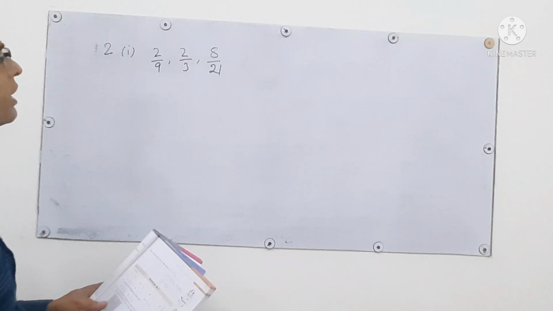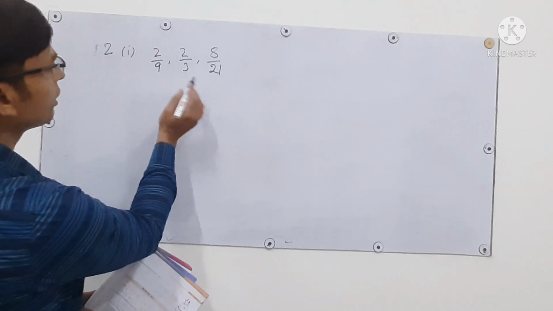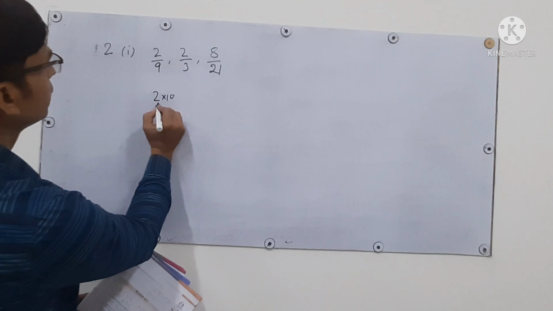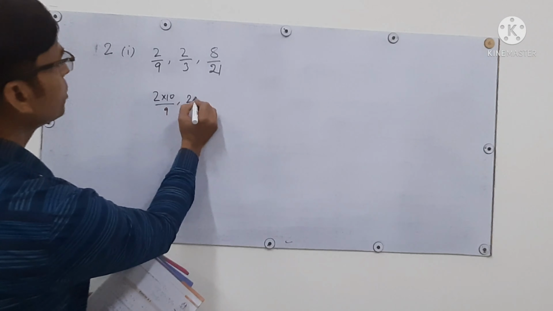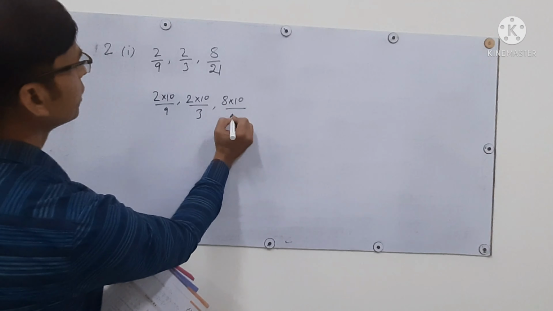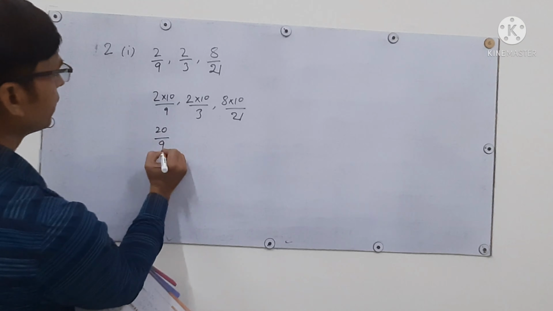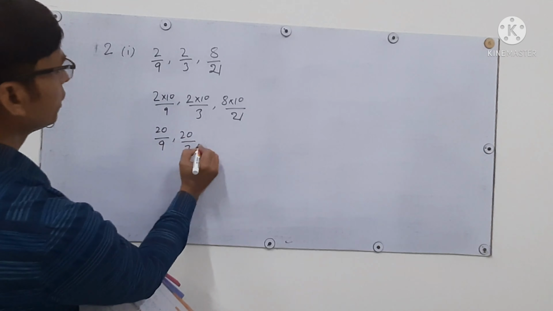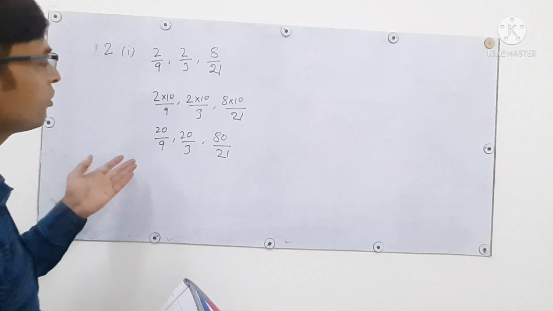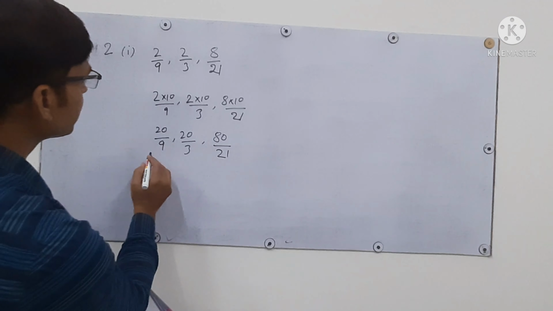It is a very easy question. We will just multiply all the numerators by 10. So 2 cross 10 over 3, and 8 cross 10 over 21. Now it will be written as 20/9, 20/3, 80/21. Now we will solve it easily. What will be its answer?